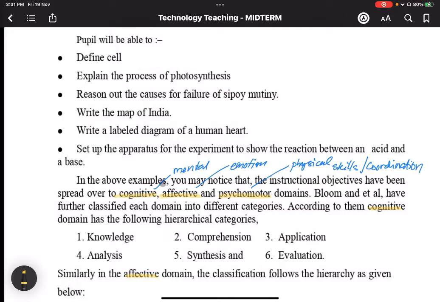So mental development. Or is the objective I created can develop their emotion or their affective domains or their psychomotor domains, which is their physical skills or the tinatawag nating hand-eye coordination. No? So, yun yung tatlong domains na dapat may consider.